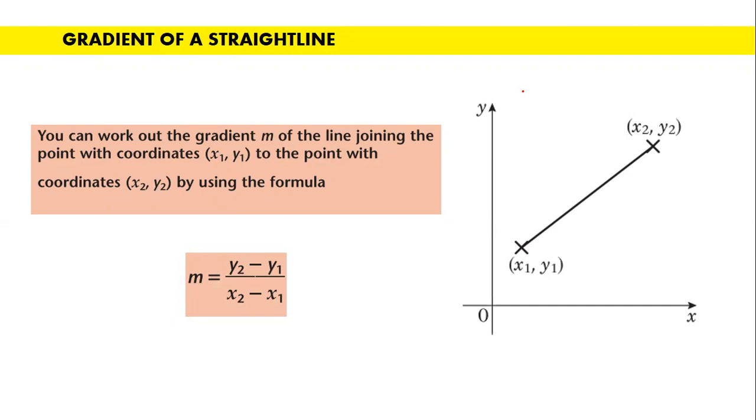Be careful, do not change the order of the coordinates. If you change the order of the y coordinates, make sure to change the order of the x coordinates also.